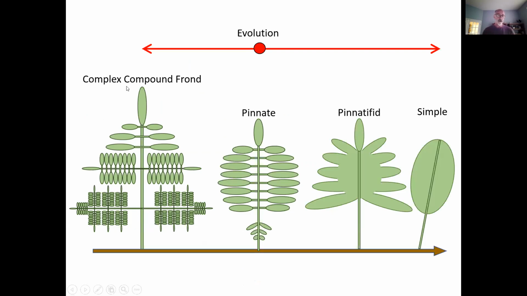For instance, you can get a complex compound frond where the basal leaflets are compound and themselves have pinnules that are compound. And yet on the same leaf, the next leaflet up is no longer twice compound.